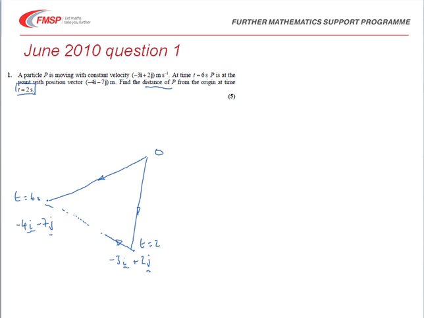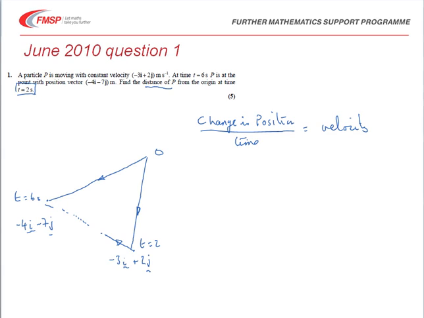Now you don't actually need to draw a diagram. You could go straight into the algebra. So let me look at it in terms of the algebra. We could say that the change in the position vector, so the change in the displacement divided by time, is equal to the velocity.